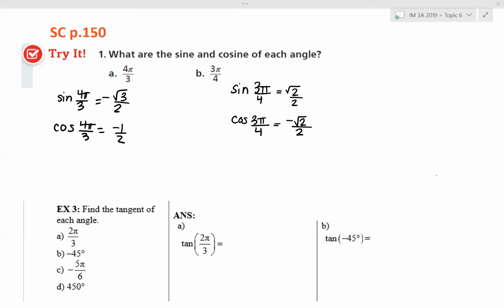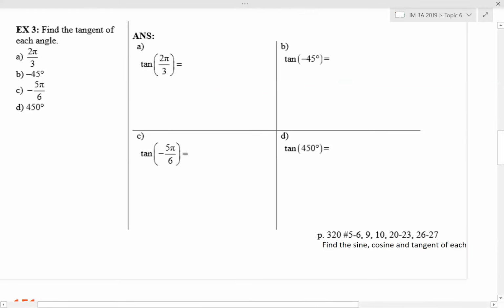So the points that we're talking about are the same points that we did in example 1. But what's going to change is that instead of just picking y or just picking x, to find tangent, we actually have to simplify in our answers.